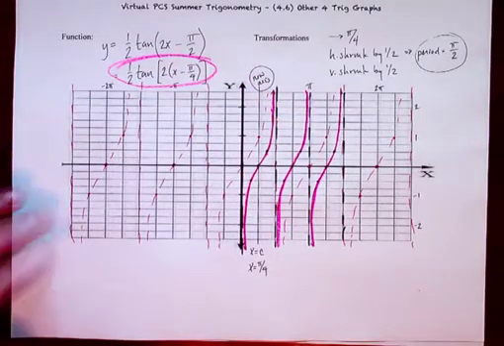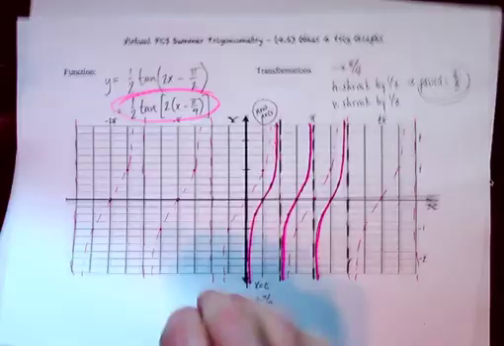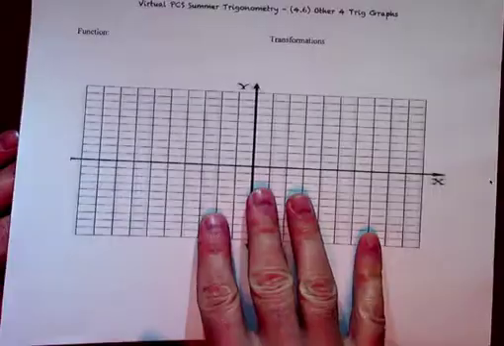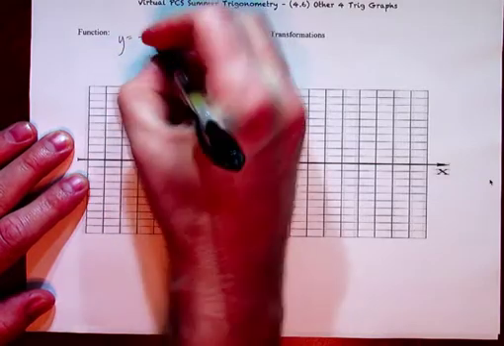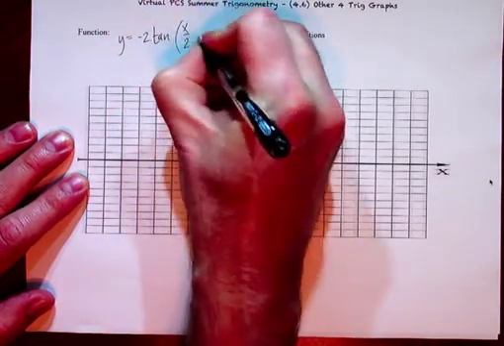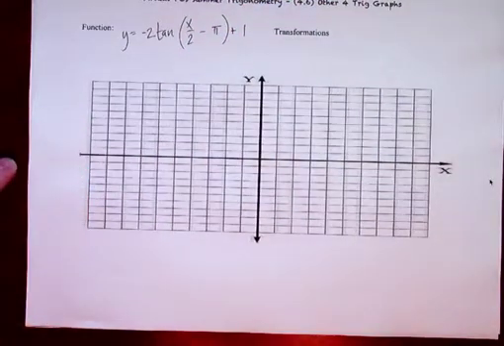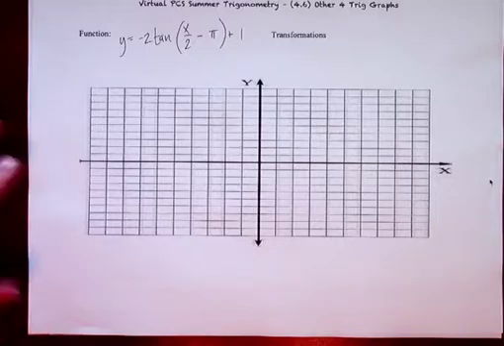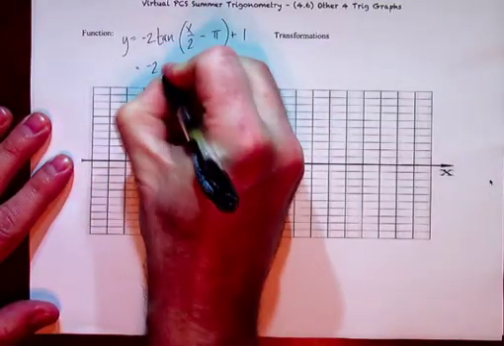All right, let's go ahead and do one more. We might get close to 30 minutes on this video, but c'est la vie. Alrighty. y is equal to -2 tangent of (x over 2 minus pi) plus 1. Now, that's actually several transformations. Let's go ahead and factor out our b value. That's obviously the first thing that we want to do.